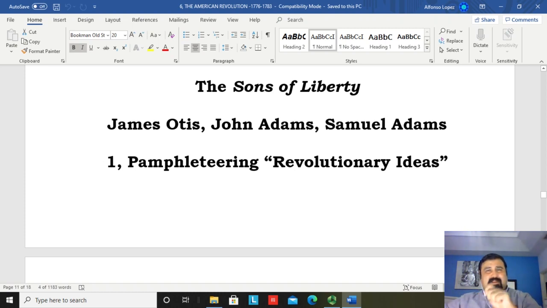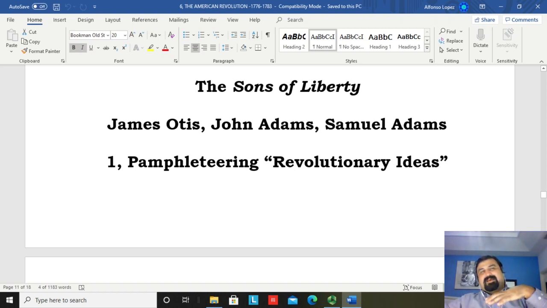People will write a political commentary on some issue, let's say the Navigation Acts or the Stamp Act, or just write a commentary on the ideas of John Locke, on the revolutionary ideas of England going back to the English Civil War: life, liberty, property, natural rights, and all that. They will print those pamphlets in numerous copies and pass them around. Some people will read those ideas out loud in front of large crowds.